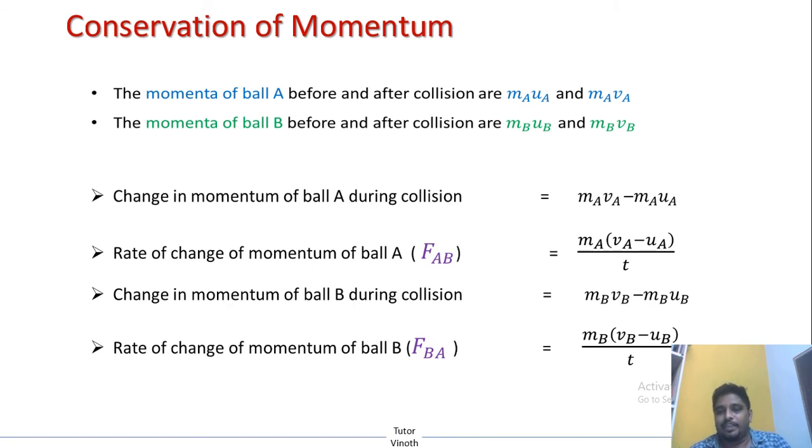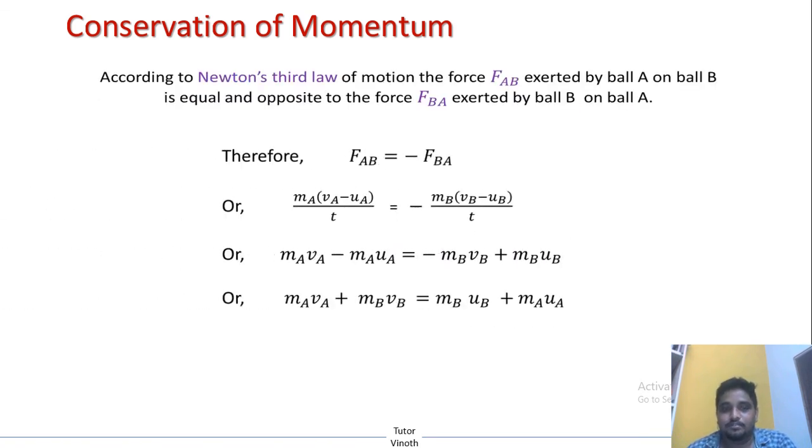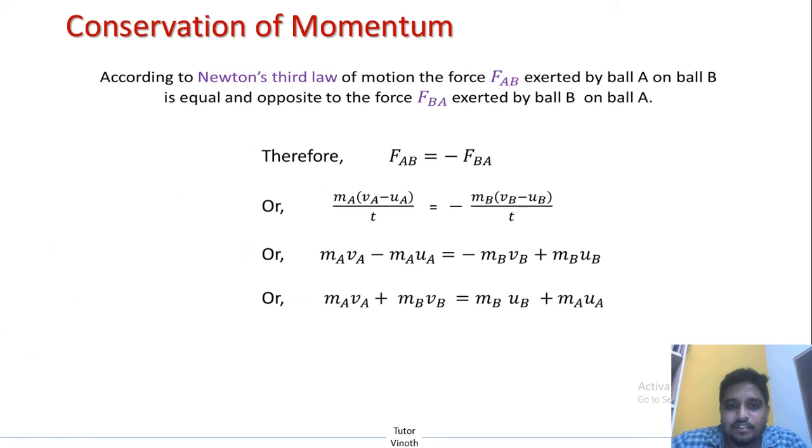Then we have two equations: ma (va minus ua) divided by t, and mb (vb minus ub) divided by t. These two equations are equal with a minus sign, FAB equals minus FBA.